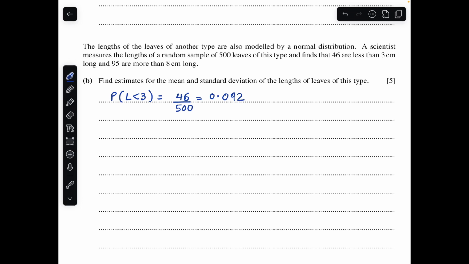And we also know that the probability of the length being greater than 8 is 95 out of 500, which is equal to 0.19.